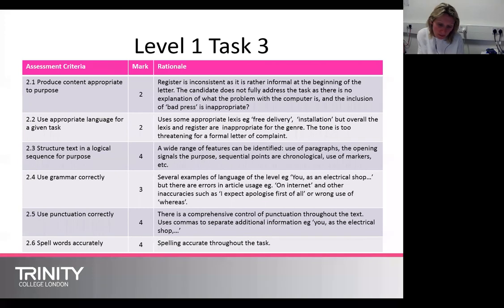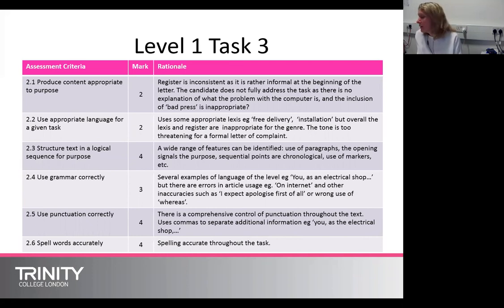What we've got in the amplification here is identify the appropriate register. Use appropriate lexis, mode of address, and type of structure suitable for this situation. Use lexis that is appropriate, and recognise the need to be more explicit in written English.